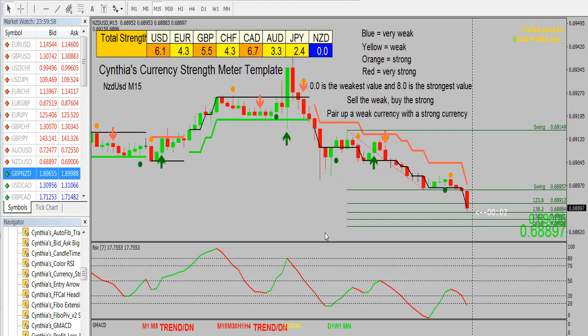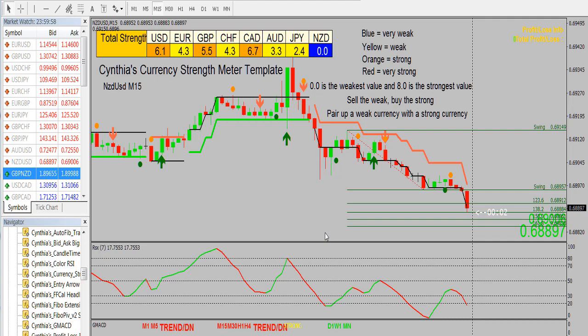It's more about finding the right currency pair that's going to give you the most movement and the most pips in the shortest amount of time, and do it as fail-safe as absolutely possible. And that's what a currency strength meter can do for you. It can save you so much time and frustration, and it can give you a win ratio of over 80% once you really learn how to use it.